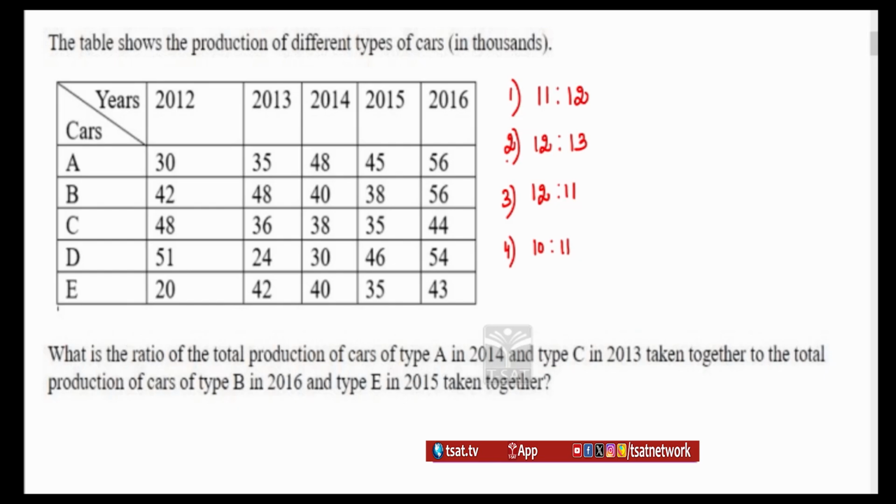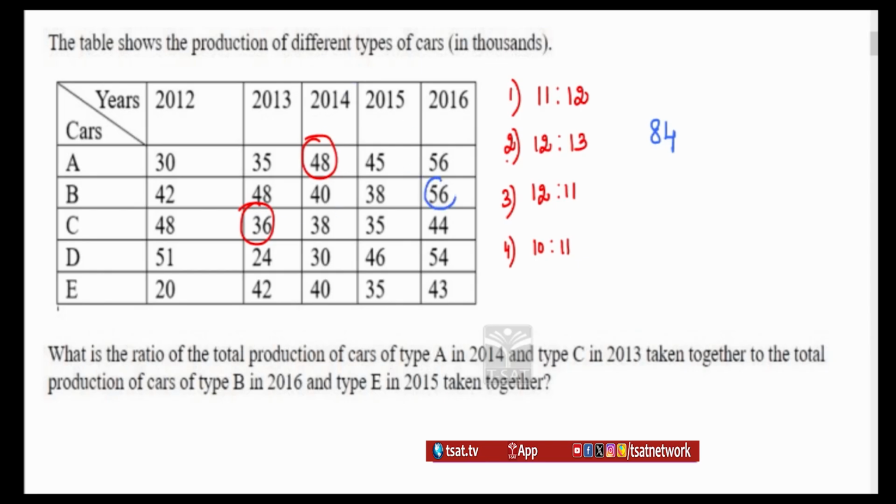What is the ratio of the total production of cards of type A in 2014 and type C in 2013, taken together, to the total production of cards of type B in 2016 and type E in 2015 taken together? The total production is actually 48 plus 36, that is 84.